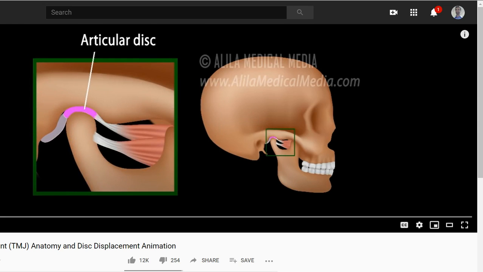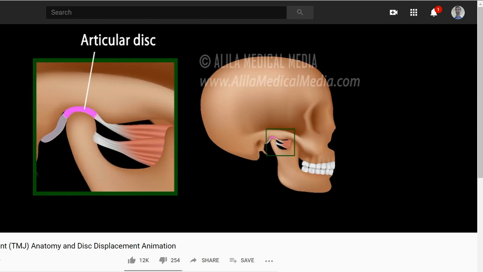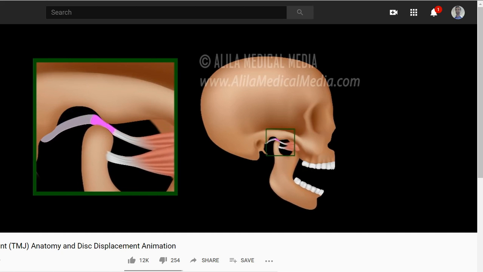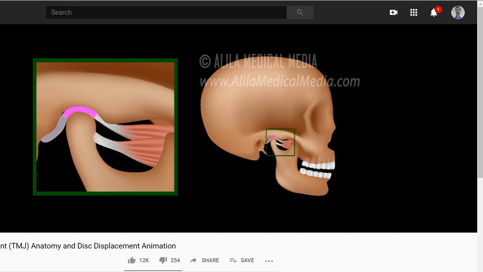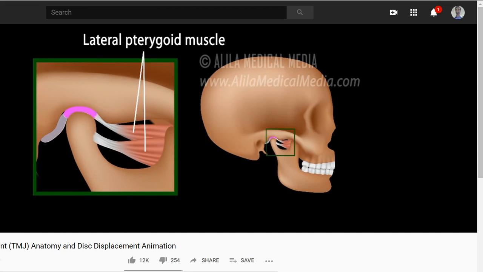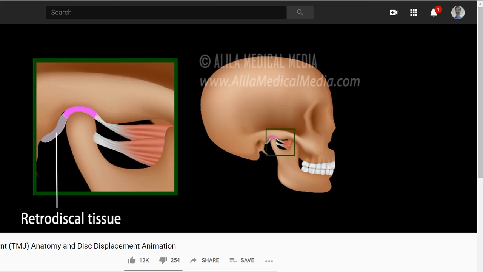The unique feature of the TMJ is the articular disc, a flexible and elastic cartilage that serves as a cushion between the two bone surfaces. The disc lacks nerve endings and blood vessels in its center, and therefore is insensitive to pain. Anteriorly, the lateral pterygoid muscle, a muscle of chewing. Posteriorly, it continues as retrodiscal tissue, fully supplied with blood vessels and nerves.